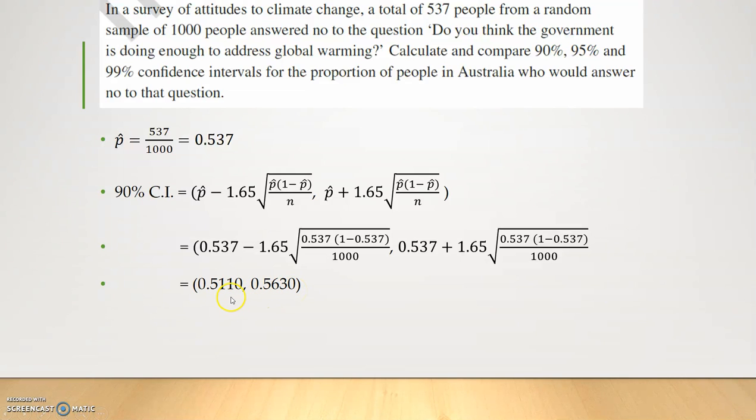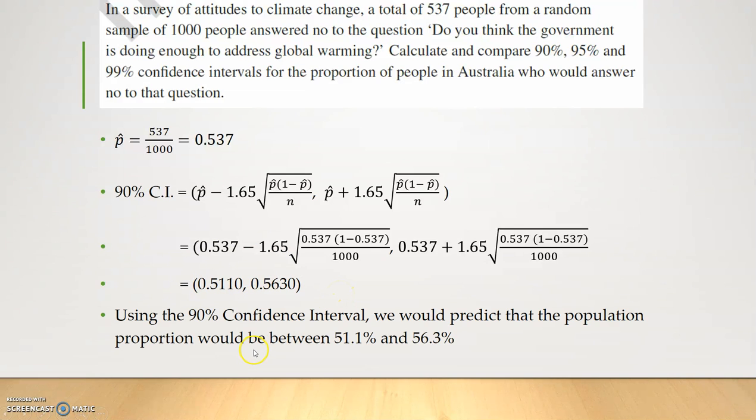This is an interval of approximately 51% to 56%, and that's only a difference of 5% in our interval. So we would predict, using the 90% confidence interval, that the population proportion would be between 51.1% to 56.3%.